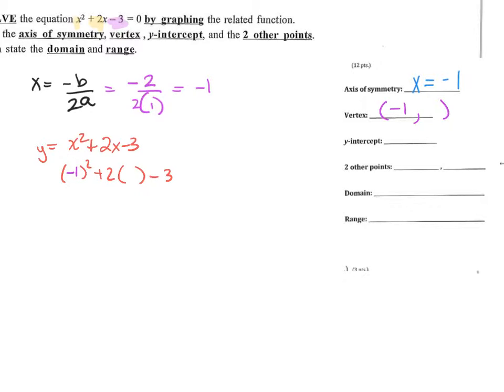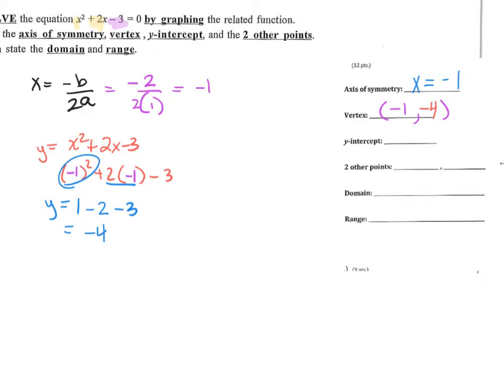So I'm going to plug in -1. Then I know that I have to do -1 squared, which is 1. 2 times -1, which is -2. And then when I do 1 minus 2, it's -1, minus 3 is -4. So that means that my y value is -4 when x is -1. I have found my vertex.